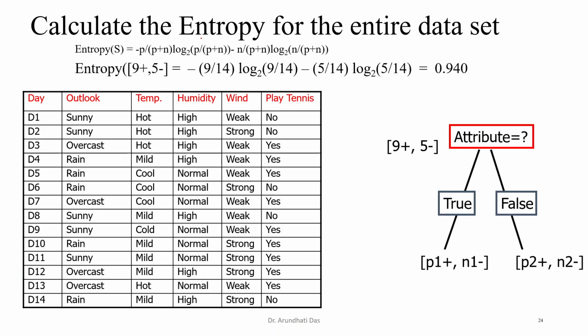what we do, for a decision tree we will be given a data set, something like this. This is a very popular data set that we use in the machine learning community for understanding the basic algorithms like decision tree or naive Bayes.